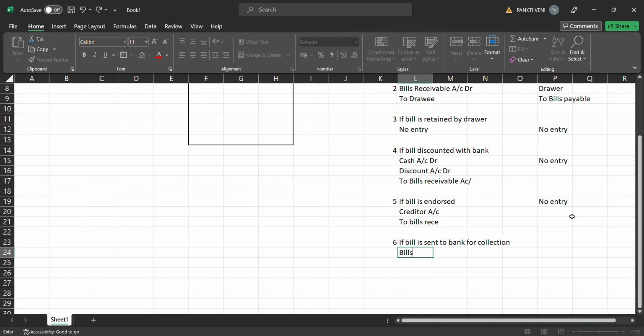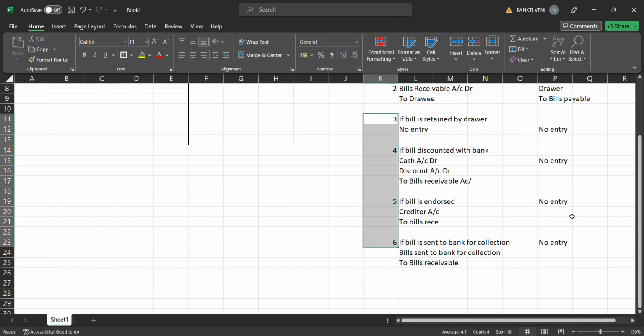For bills sent to bank for collection, they'll charge a nominal amount. Bills sent to bank for collection, to bills receivable. Here there will be no entry. Obviously, drawee will not know what I'm doing with the bank.